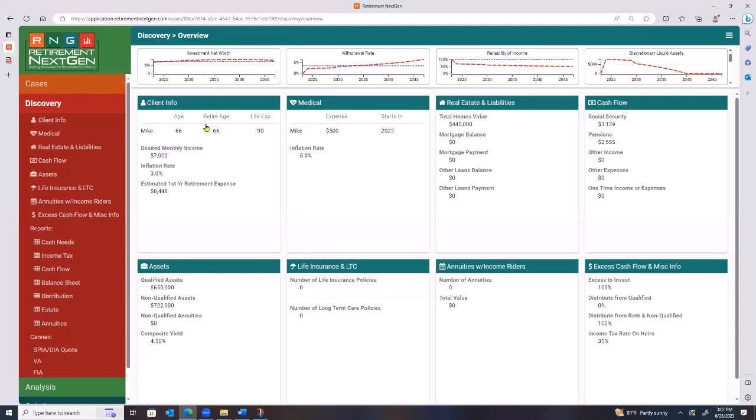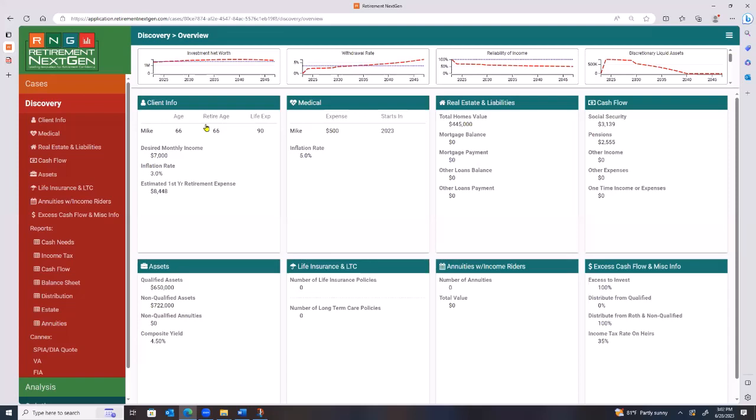Pretend I have two clients, a husband and a wife, who are 66, 67, 68, and maybe he has a 10-year deferred comp. Well, I'm not going to want RMDs to start at 73, because I'm going to have a large amount of money coming in, and all the RMD is going to do is throw me into a higher Medicare tier or a higher tax bracket.